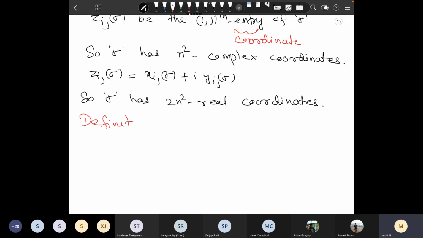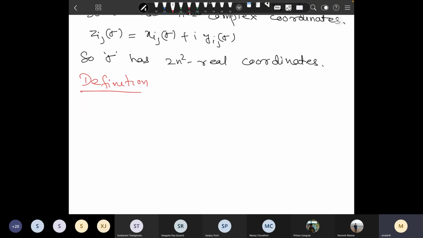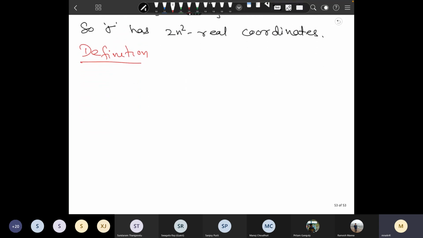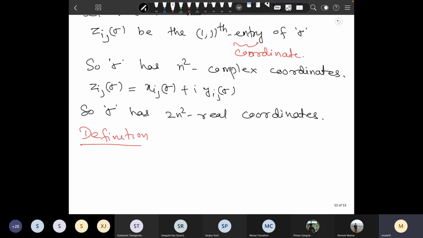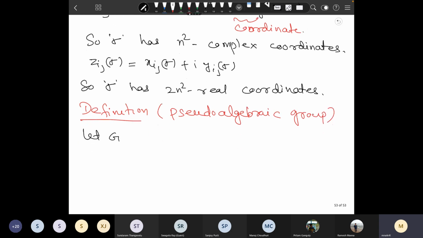Okay, so let us write the definition of pseudo algebraic group. Definition: I have taken this definition from Helgason. Let G be a subgroup of GLNC.